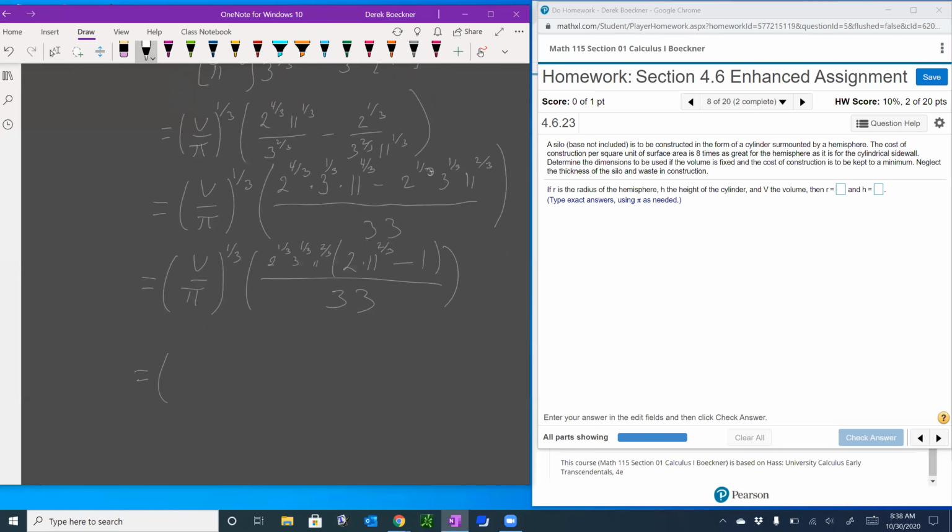And I can write that first bit as 2 times 3 is 6, times 121 is 726, so 726 to the 1/3, times 2 times 11 to the 2/3 minus 1, over 33. And that's as simple as I think I'm going to make that.